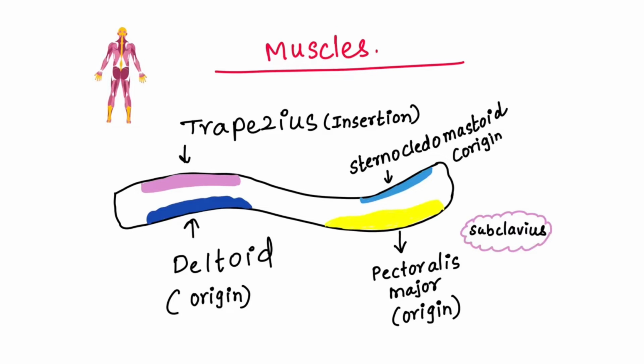Now to understand the exact insertion and origin of a muscle, I think we must first focus on the total number of muscles in the body. Then we must know their names and their origin and insertion. Once you know all these muscles in detail, from origin to insertion, it becomes easier to relate them with a particular bone, and that's how anatomy becomes easier.